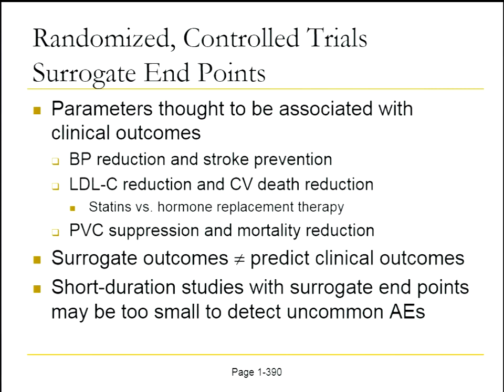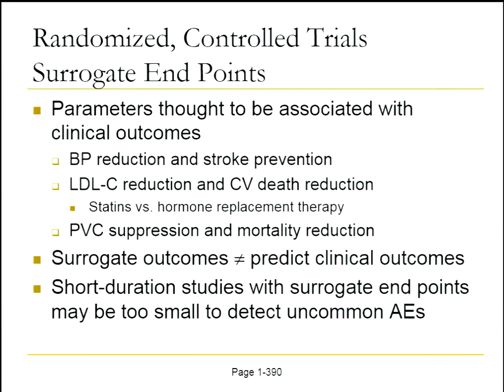Okay, so those are two examples of things that we do to reduce surrogate outcomes, where the results are beneficial. Contrasting that with antiarrhythmic drug therapy, we can do a really good job of reducing ventricular arrhythmias by suppressing PVCs. But in doing that, we've shown on multiple occasions that this kills people.